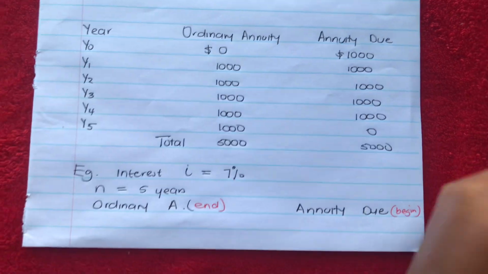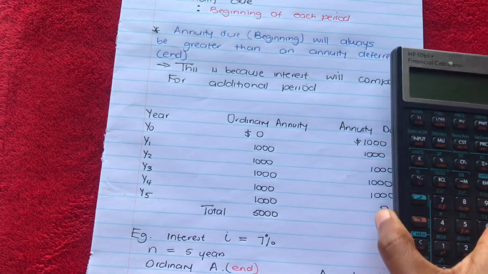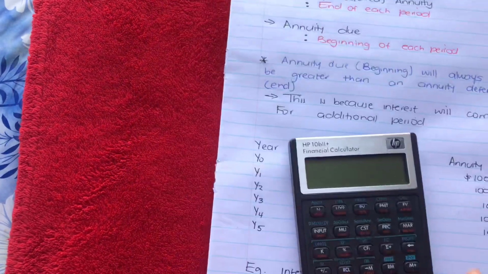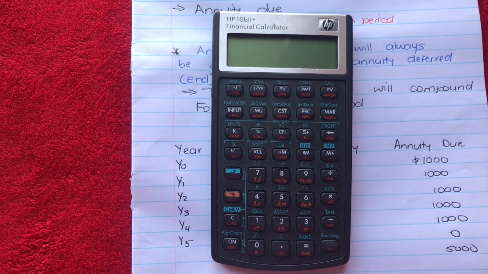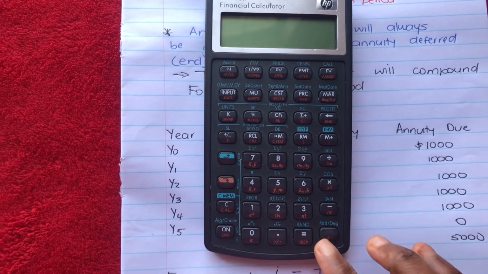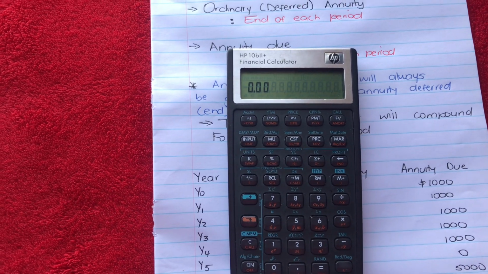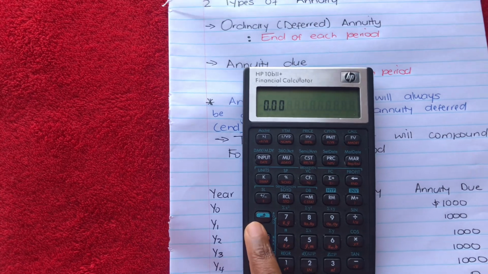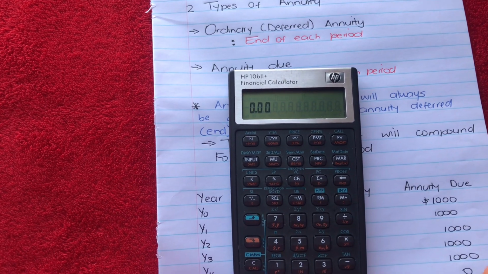Let's do this example using a financial calculator. As I've said, you need to make sure that you and your financial calculator are best friends when you're dealing with finance. Remember, we press orange shift and clear all, so everything is cleared.